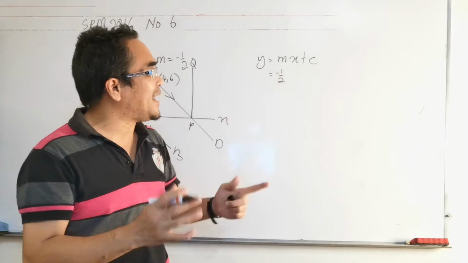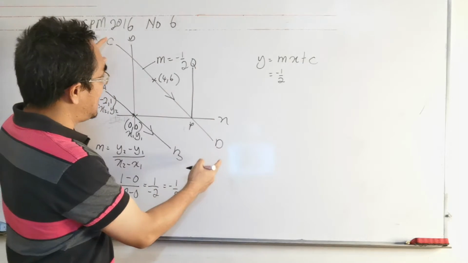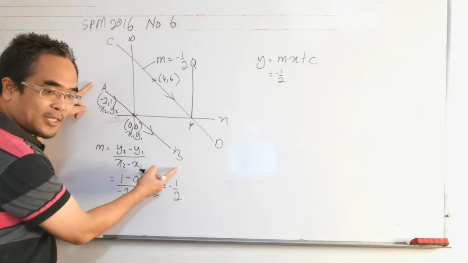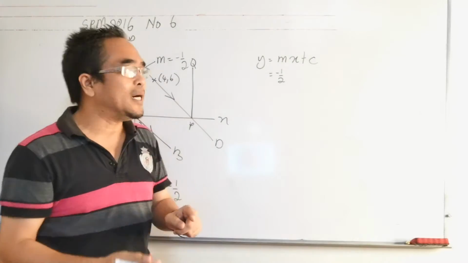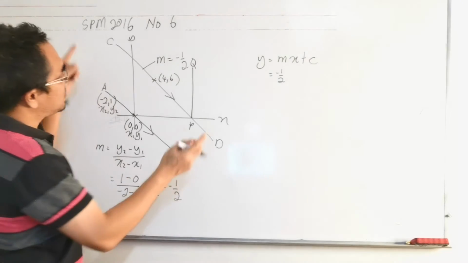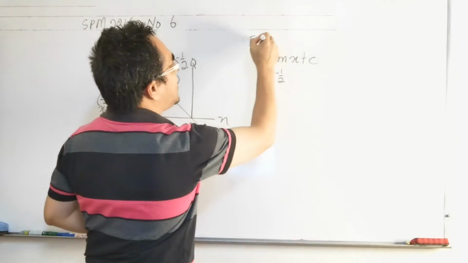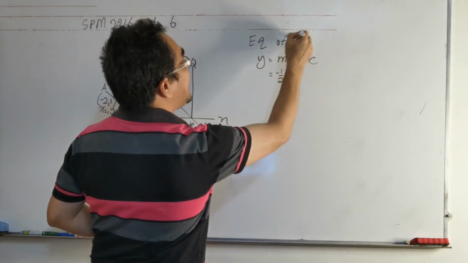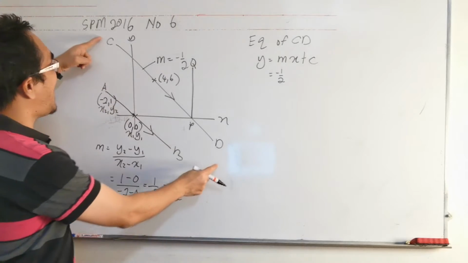So how to calculate c? We take a coordinate that is on the line. You cannot take the coordinate from AB, because you will get c for the line AB. If they want the equation of CD, then you have to take a coordinate on the line CD.